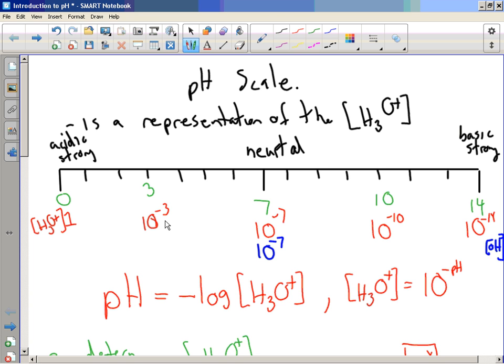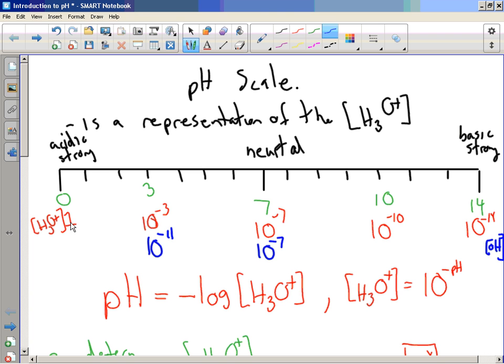But correspondingly, right away, there has to be less OH minus. As the H3O plus goes up, the OH minus goes down. And these two exponents always have to add to negative 14. So if this is negative 3, I'm going to have 10 to the negative 11. So as the acid goes up, the OH goes down automatically in all aqueous solutions.